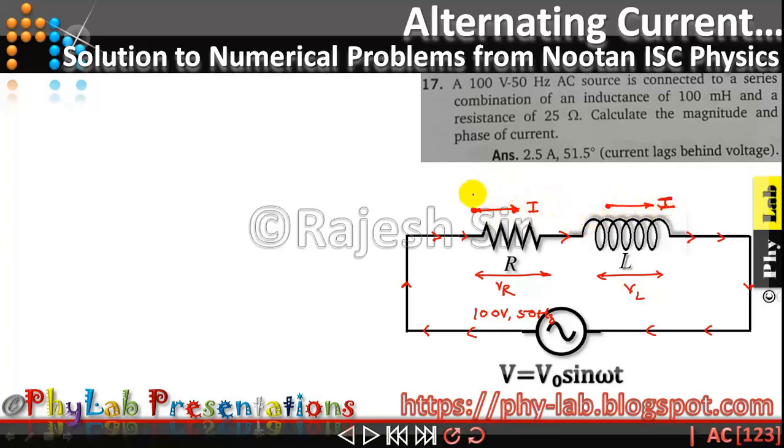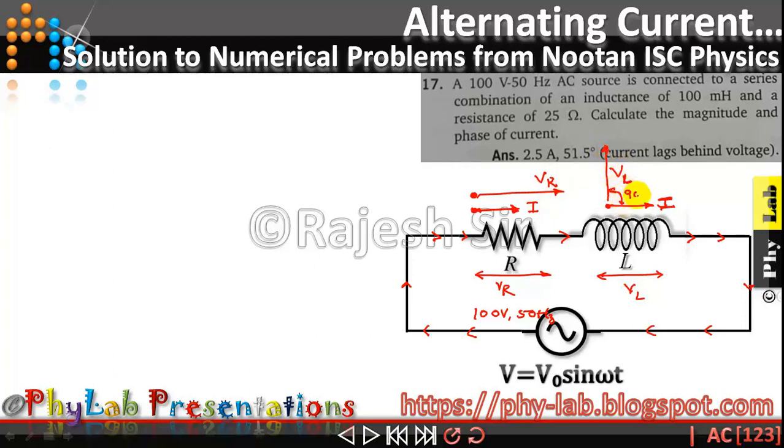For the resistor, the voltage is also directed along the positive x-axis, because in a purely resistive circuit the current and voltage are in the same phase, and in case of an inductor the voltage leads the current by a phase difference of 90 degree.